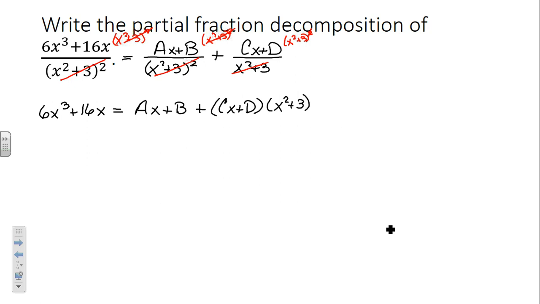They're both gone. Question. So we're going to FOIL it. Okay. So when we FOIL this, we'll have a cx times an x squared, a cx times a 3, a d times an x squared, and a d times 3.